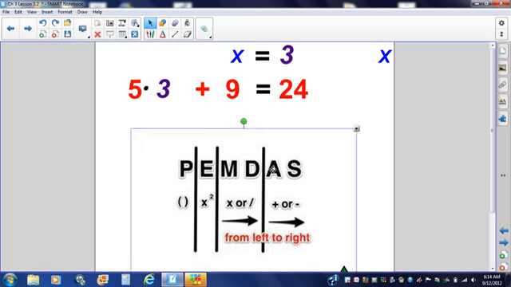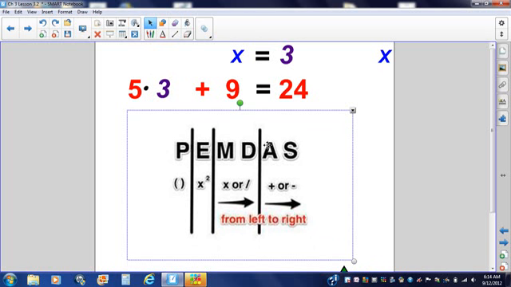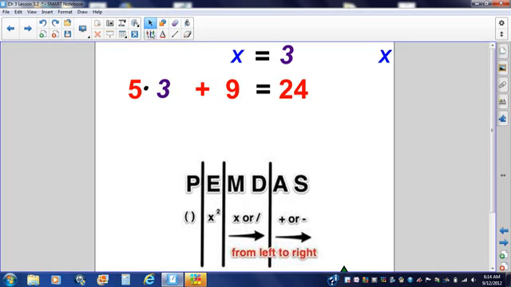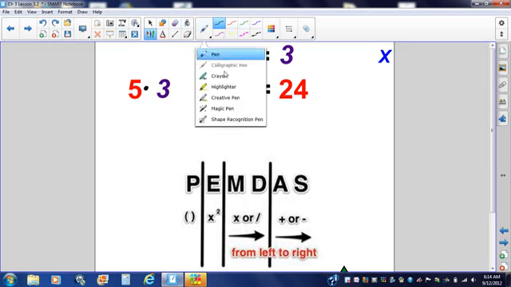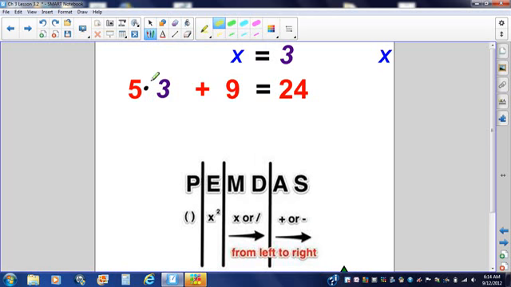Now here, I'm going to follow PEMDAS, order of operations. I don't have any parentheses. I don't have any exponents. Multiplication or division, whichever comes first, from left to right. So I do have some multiplication right here. So that would be the first thing I would do in this problem. 5 times 3 is going to give me 15.